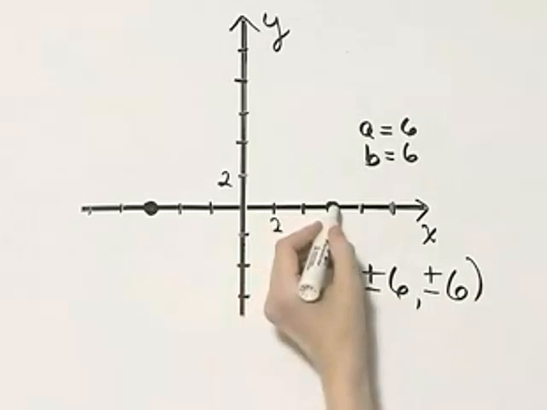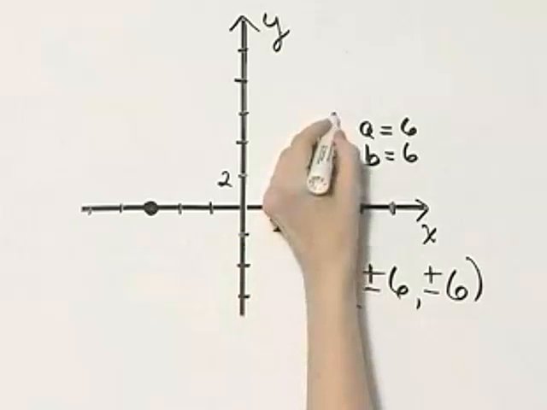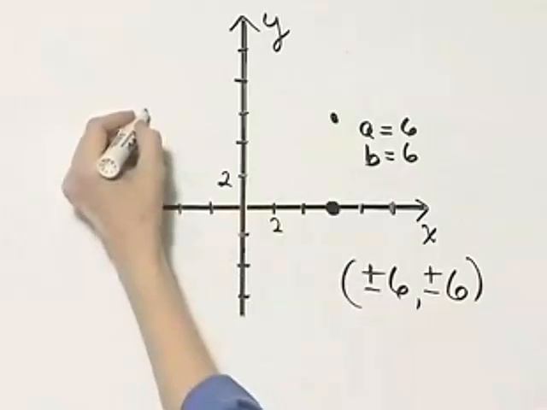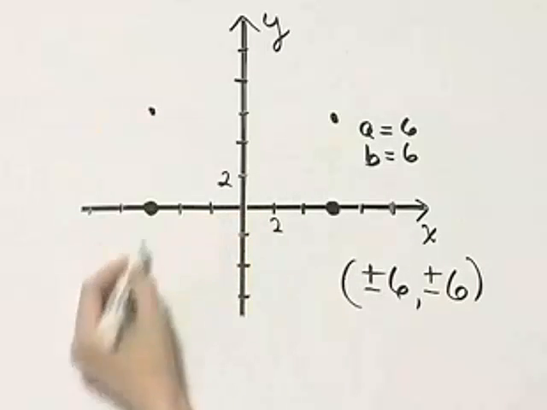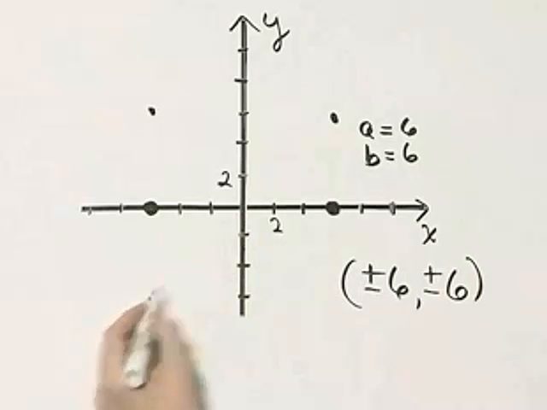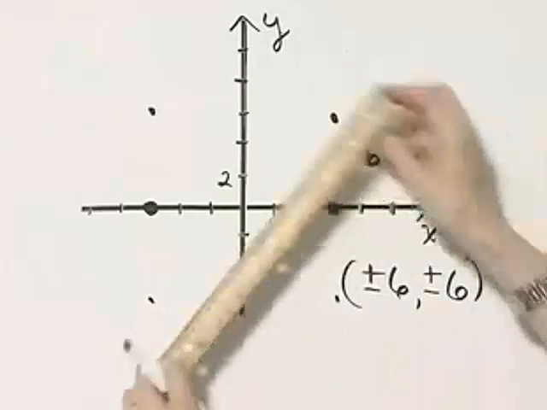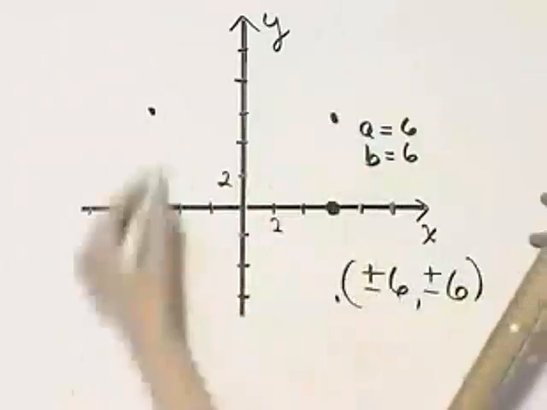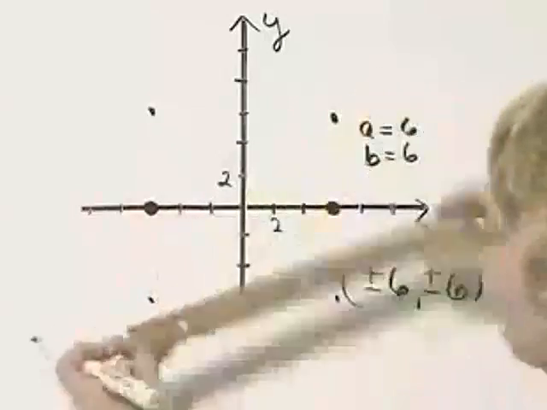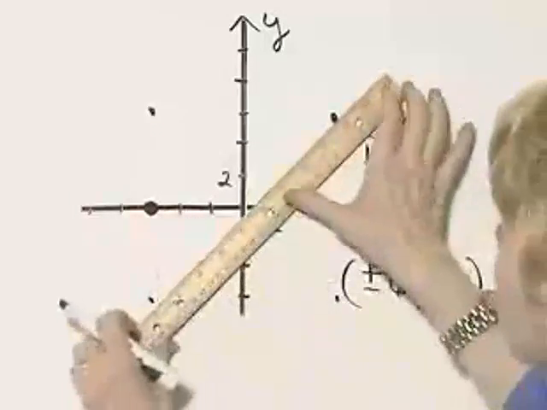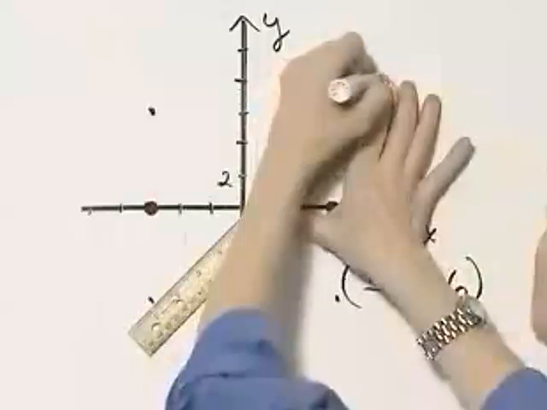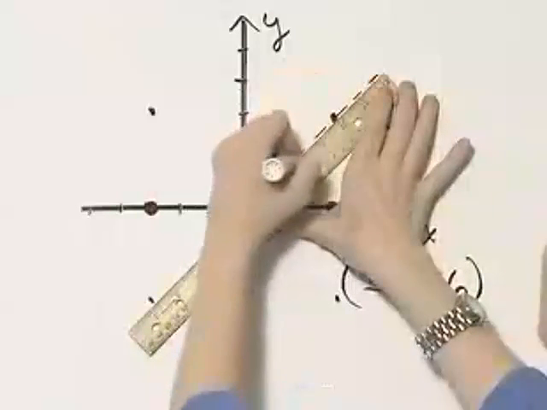So that would be (6, 6), (-6, 6), (-6, -6), and (6, -6). I'm not going to draw my rectangle in. I'll just draw in the diagonals of the rectangle to help me draw in my hyperbola.